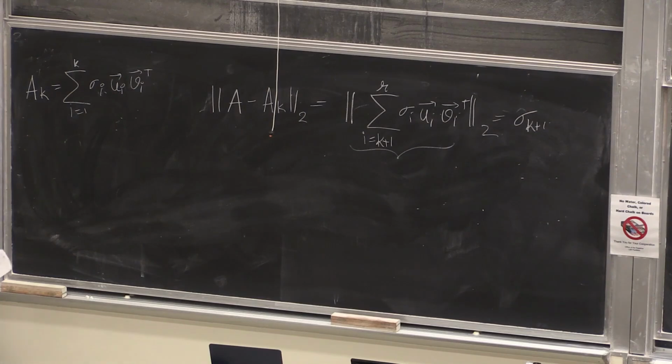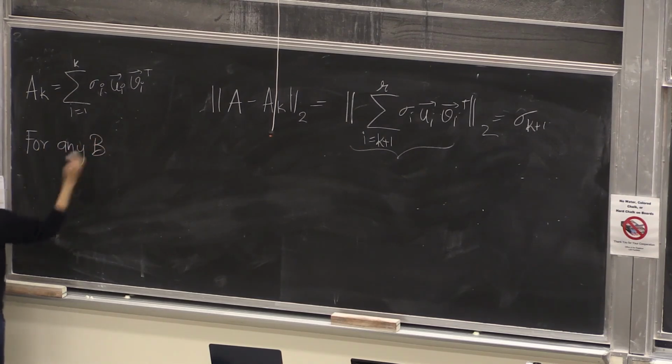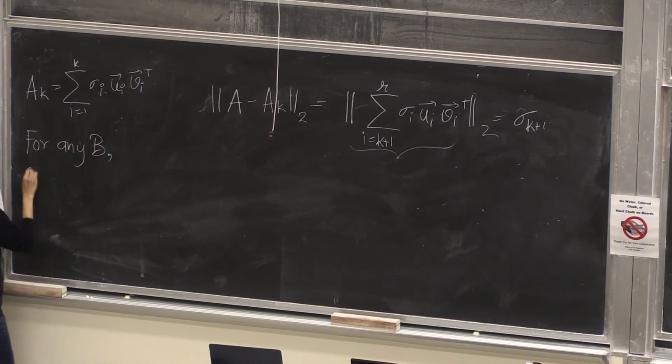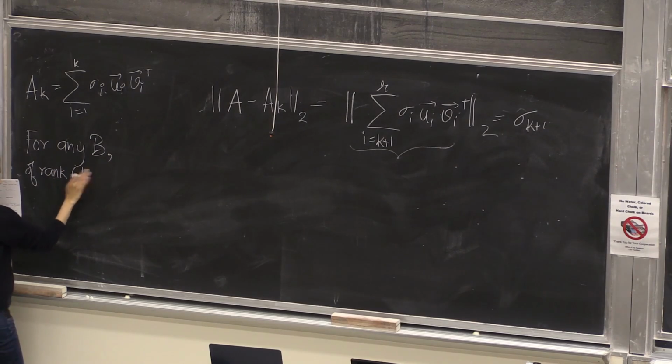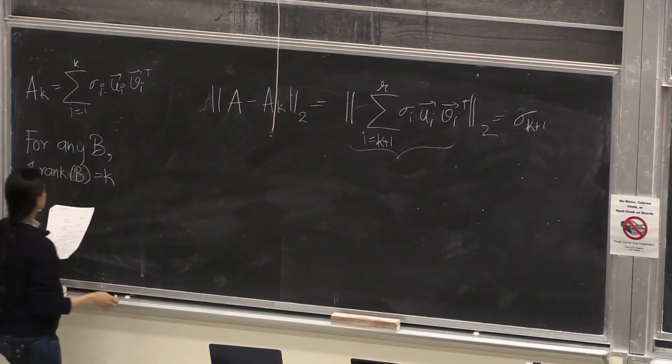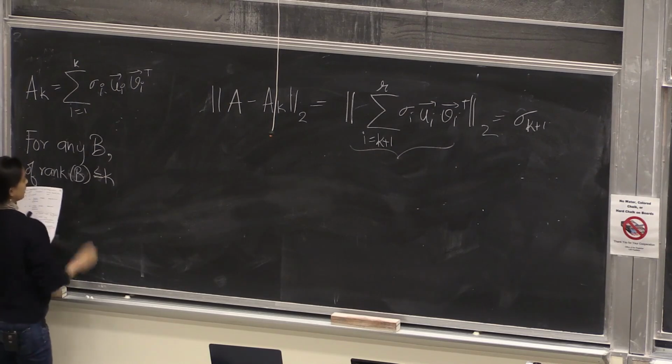So that means what I need to show is that for any B, and what is the restriction on B? Is it any B? For any B of rank K, right? This is important. Because maybe if I could choose more rank, I can do better. My main restriction is that this is of rank K, and AK is restricted to rank K. Or maybe it can be less than or equal to K technically.